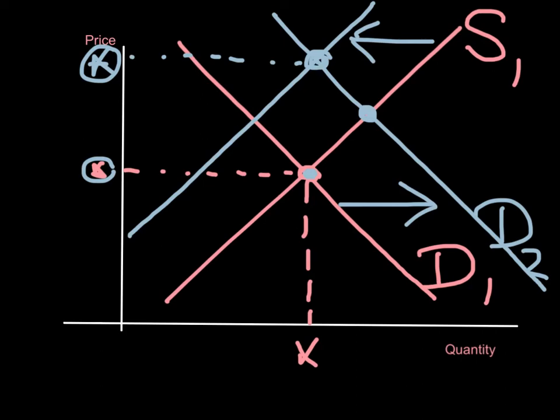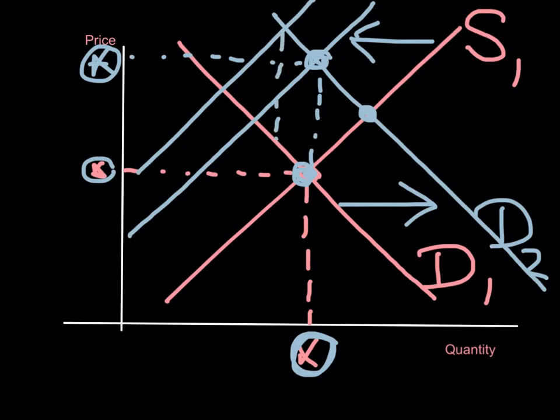And the quantity, well, the quantity was here, at this point, and now it's here, and it's around the same area on the quantity axis. Now if I had shifted the supply curve out a little bit more, the quantity actually would have decreased. If I had shifted it less, quantity would have increased.